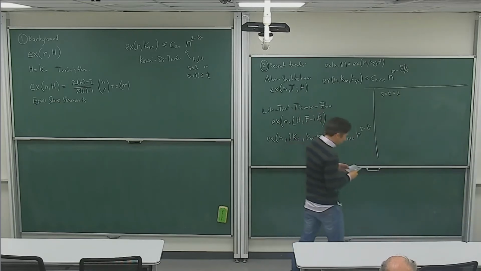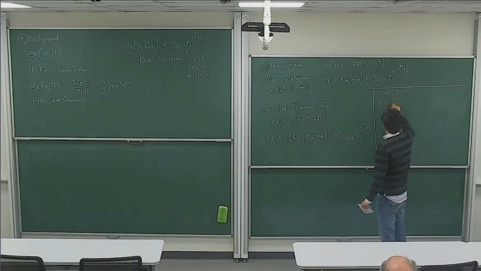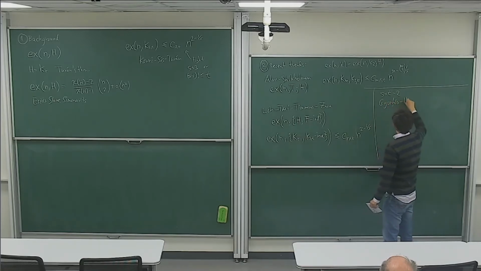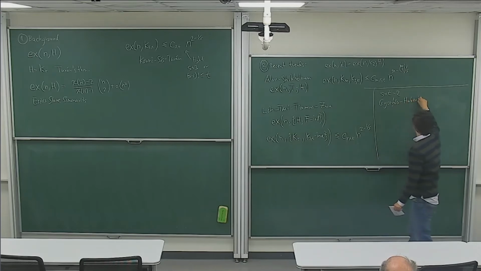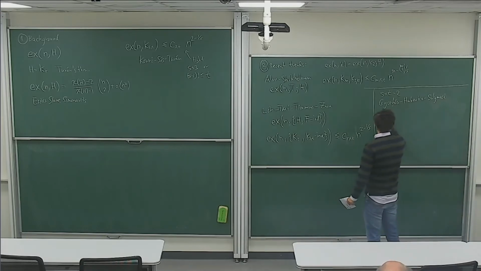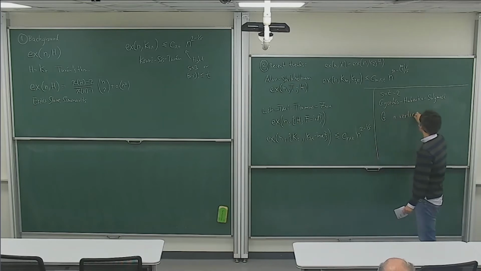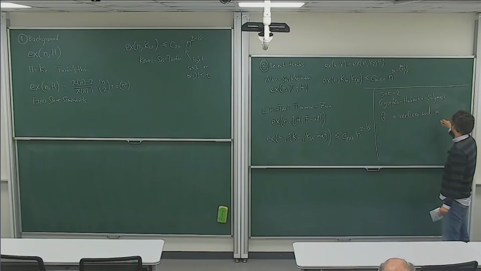And it was studied in a different form by Gyárfás, Hubenko, and Solymosi a decade earlier than these guys, roughly. And they showed the following. So suppose G has n vertices and C choose 2 edges.